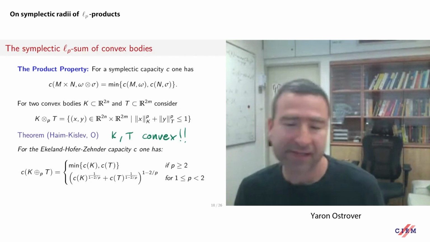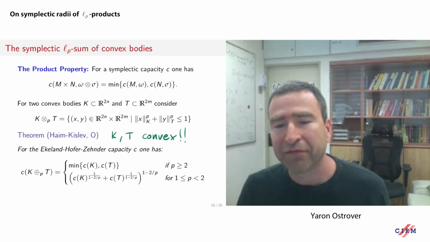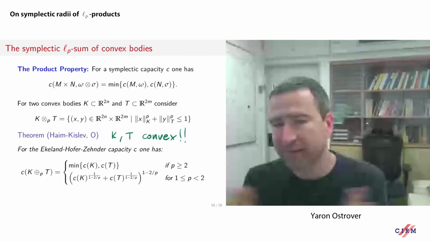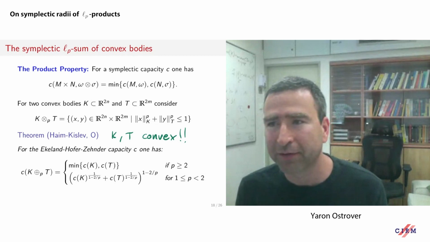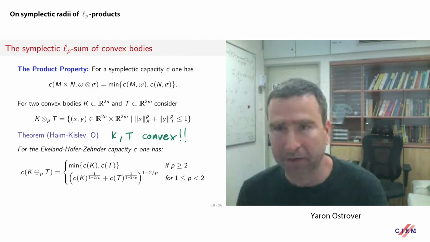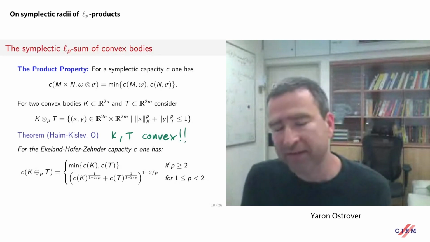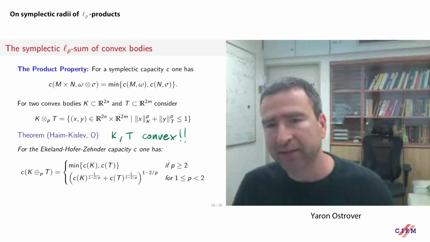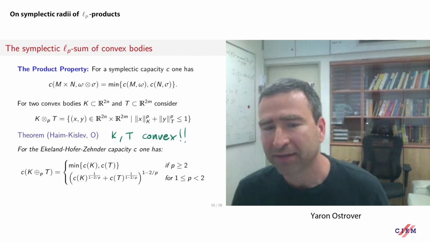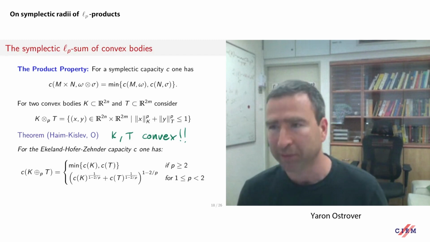Note that it's maybe surprising that for P all the way between 2 and infinity, we get the same answer as for the product: we always get the minimum of these two capacities. Now there is one claim which is trivial because the 2 sum is a subset of the product, so it's definitely less than this minimum, but it's a priori surprising that it is at least the minimum.